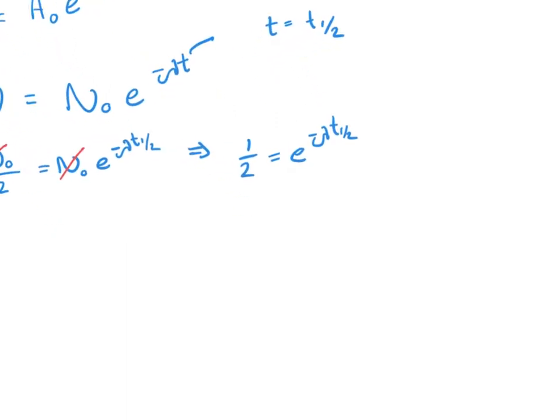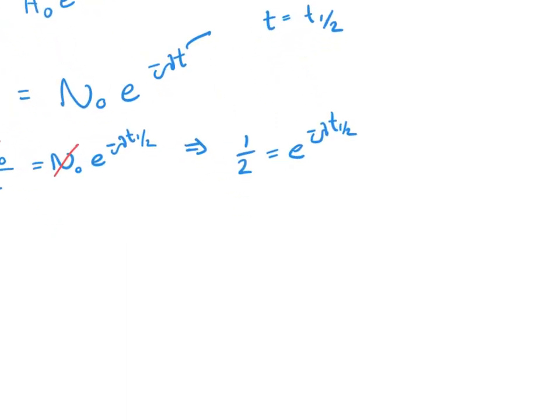This is when things get nicer, so I can take the natural logarithm of both sides. Now this will cancel, and I will be left with this expression.